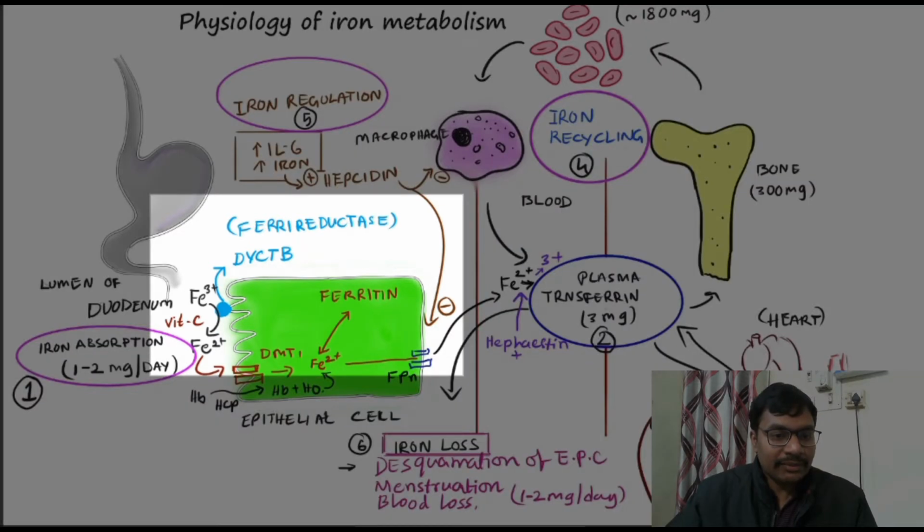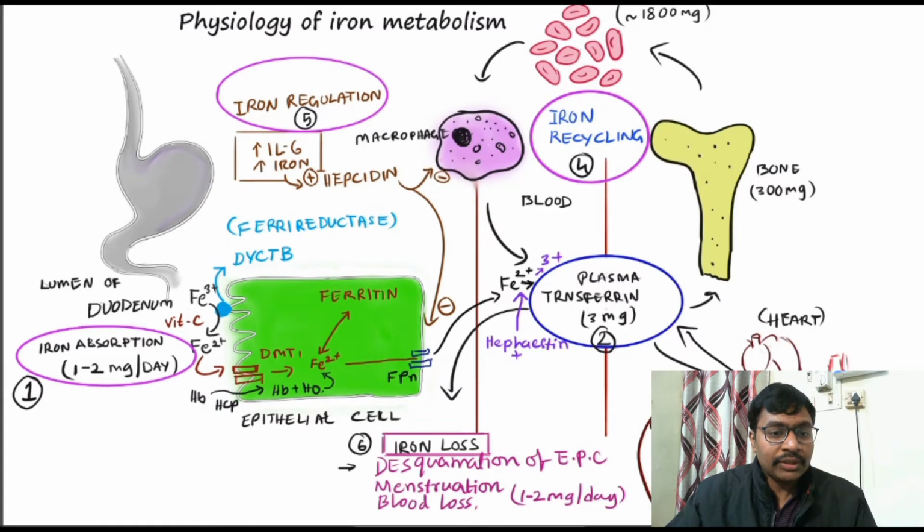This enzyme converts the ferric form into the ferrous form, because the ferrous form is the one capable of crossing the cell membrane. In order to cross the cell membrane, the iron has to be converted into the ferrous, reduced form.